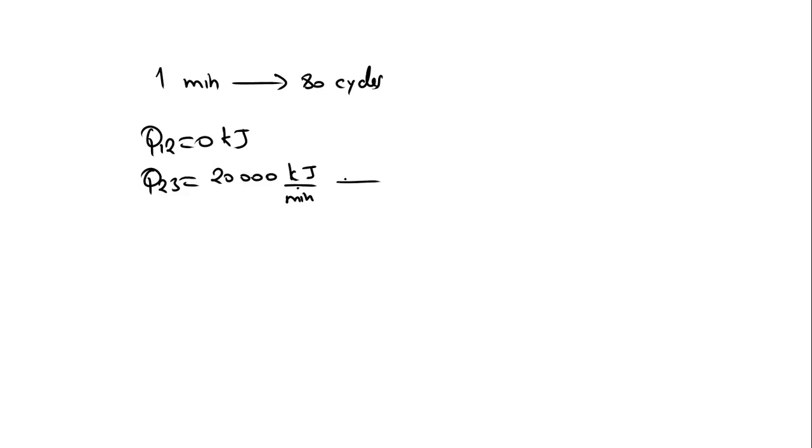In one minute you have 80 cycles, so the minute term will cancel out, and in one cycle you have 20,000 divided by 80. If you do this calculation, you will have 250 kilojoules for Q23.